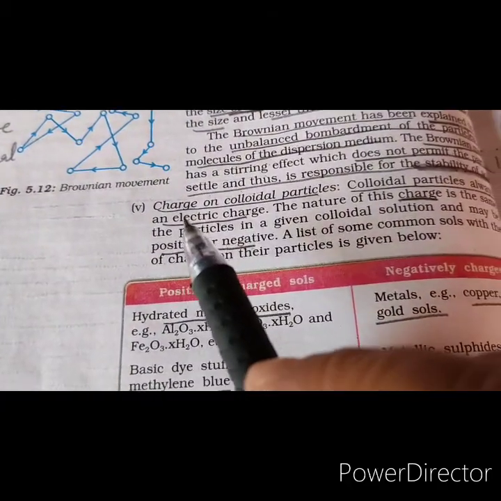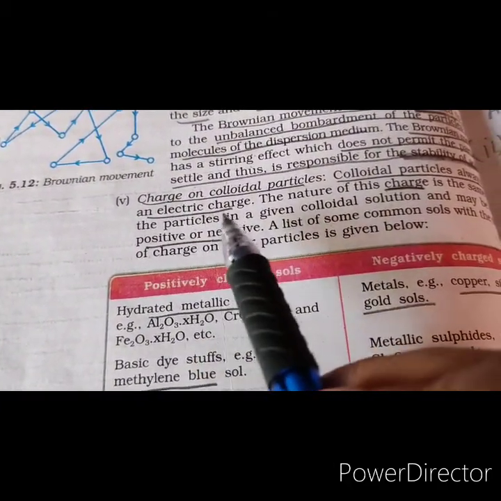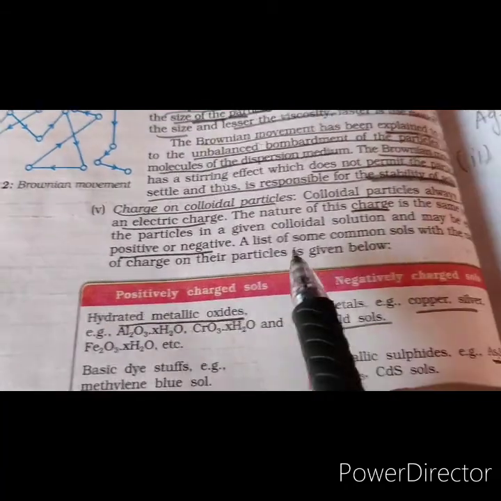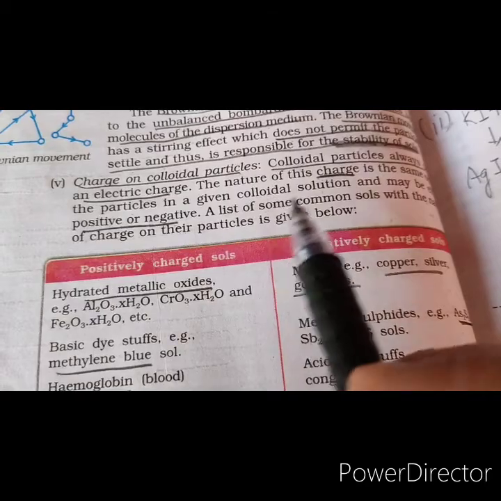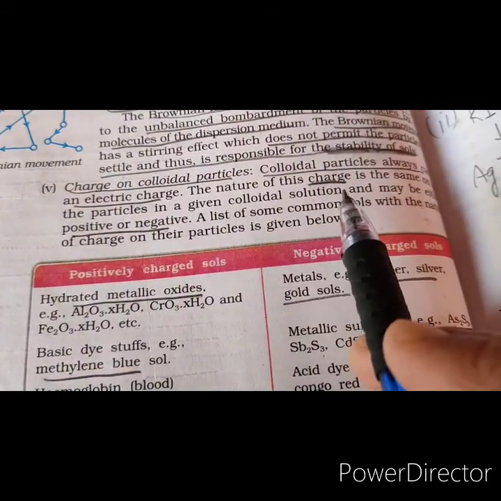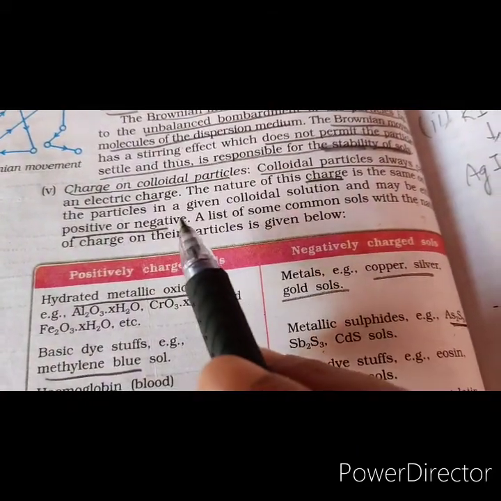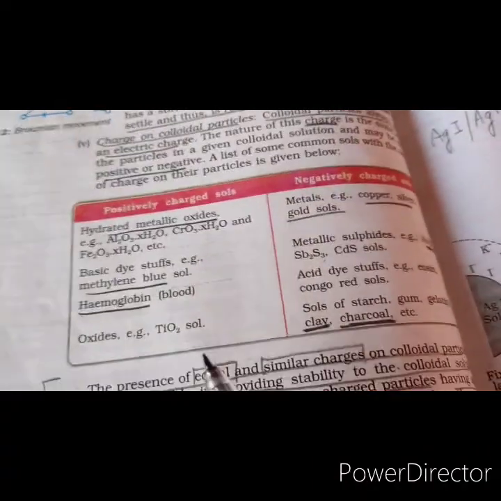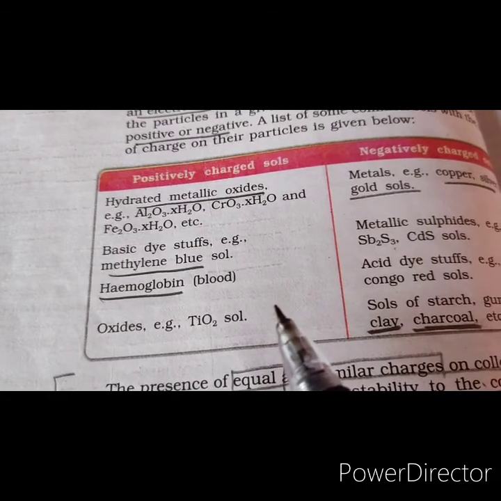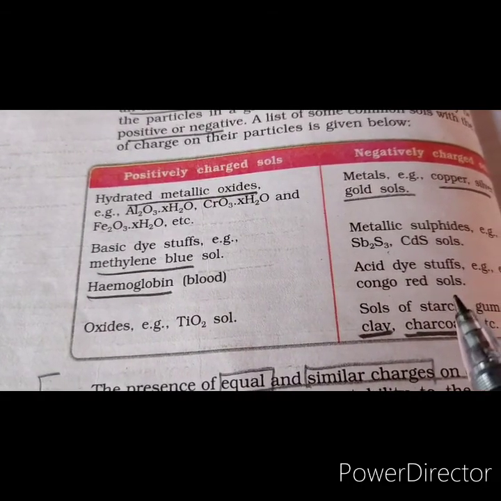Let's discuss the next property of colloidal solution, that is, charge on colloidal particles. This is a very important topic, and this year a question appeared in the board exam from this topic. The colloidal particles always carry charge. The charge can be positive or negative. We can see different examples of positively charged sols and negatively charged sols.